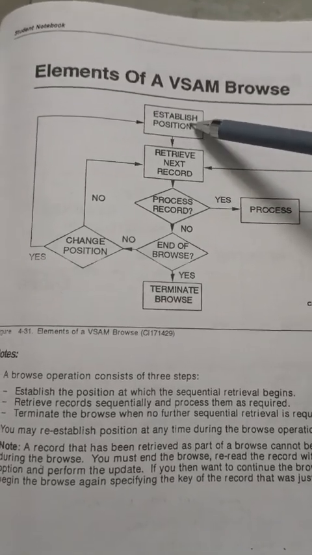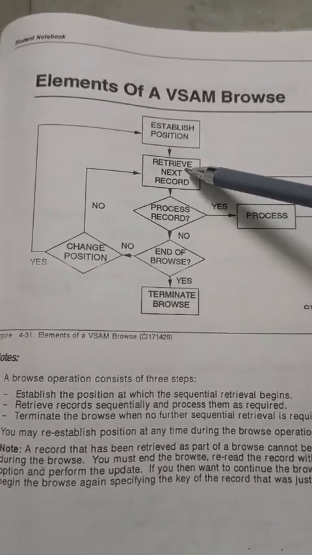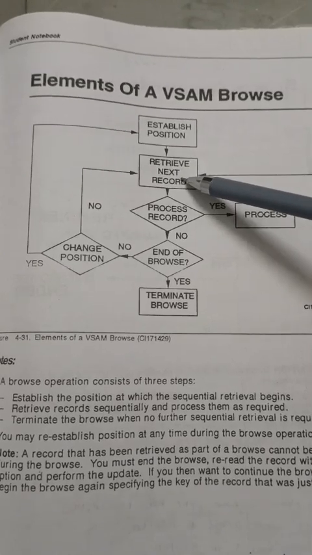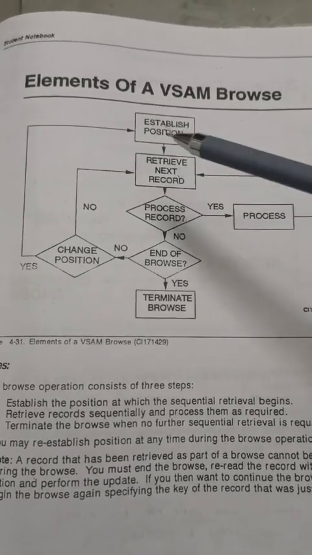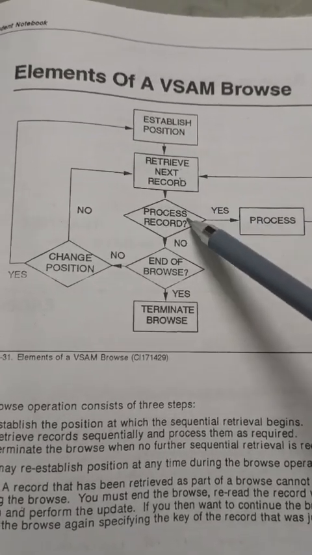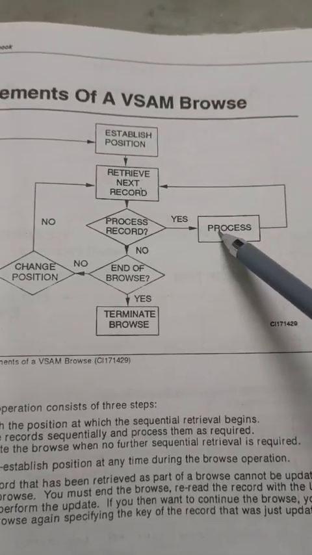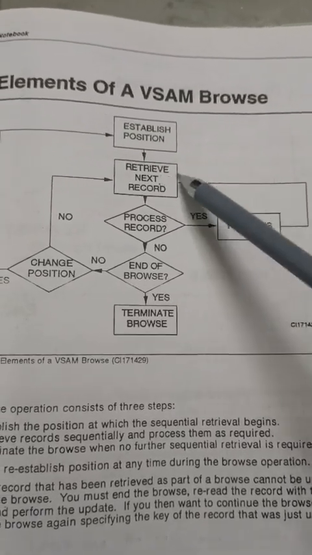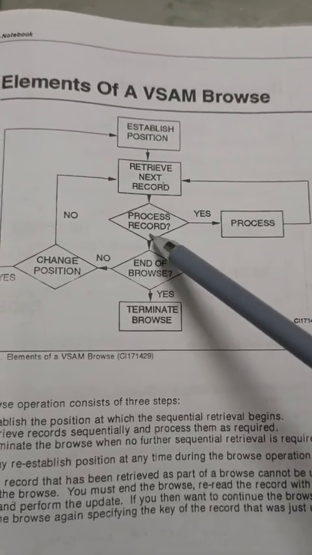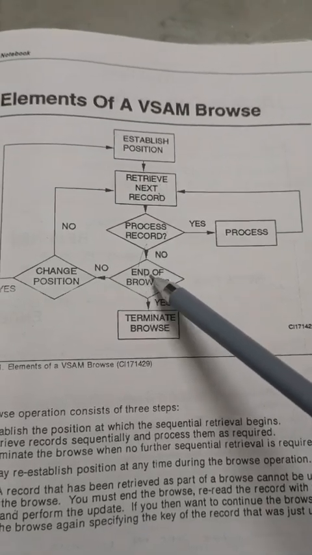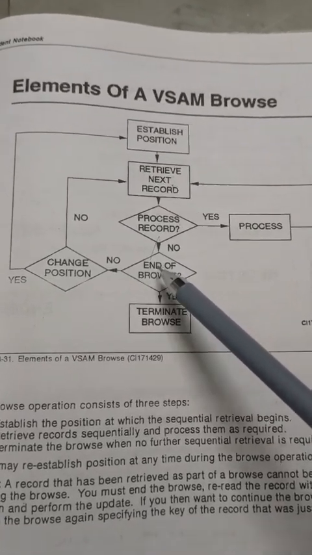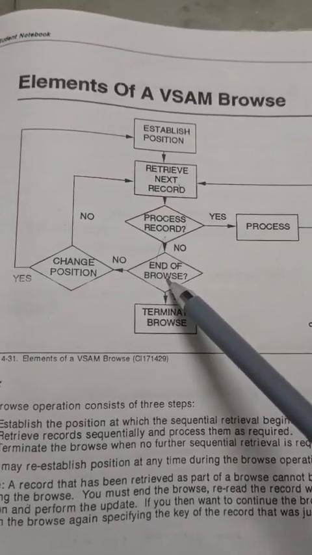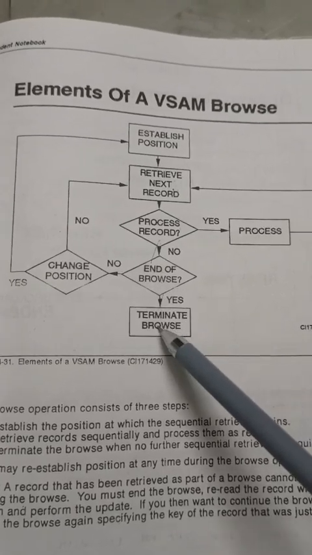First we need to establish the position and retrieve a record using the read next record option. If you want to process a record, yes, then retrieve the next record again. If you don't want to process the record and you want to end the browse, meaning close the browsing option, yes means terminate the browse.